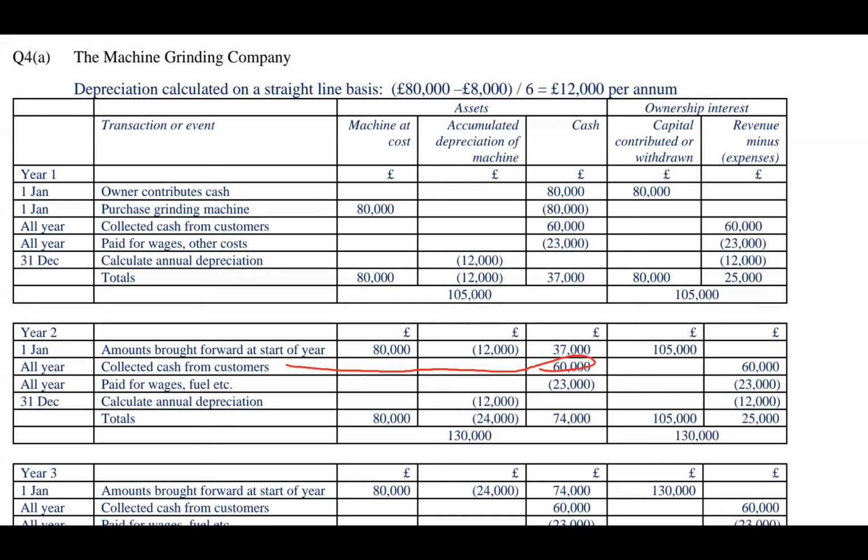If they say that the money collected was increasing by 10% every year, which means that in year one, it will be the same 60,000. In year two, it will be 60,000 plus the 10% of 60,000, which is 60,000 times 10%. 6,000. That will be the amount that you write here.